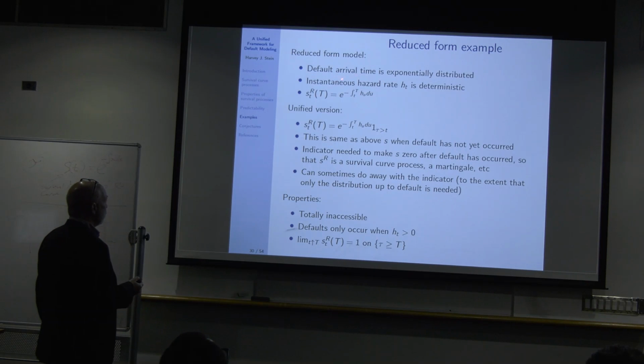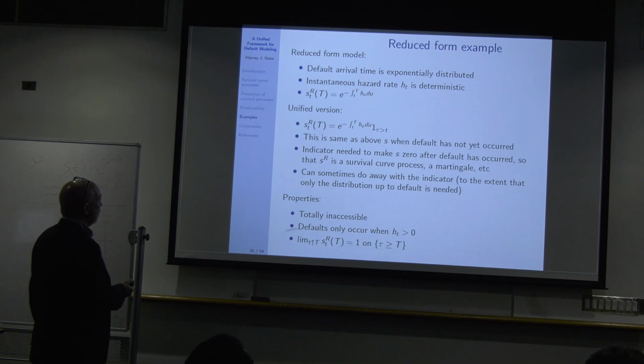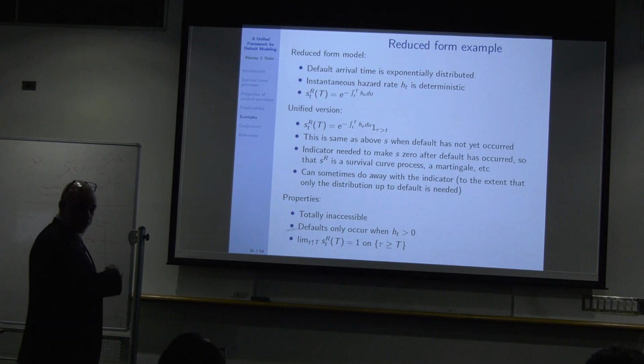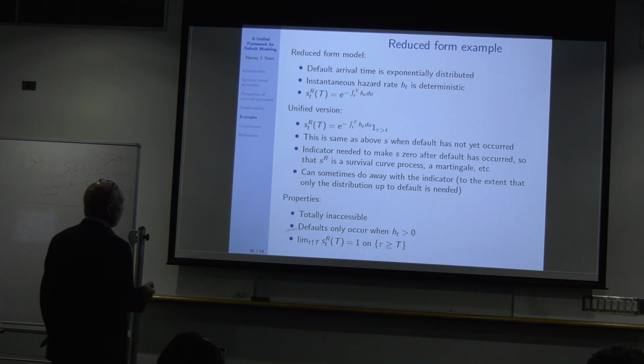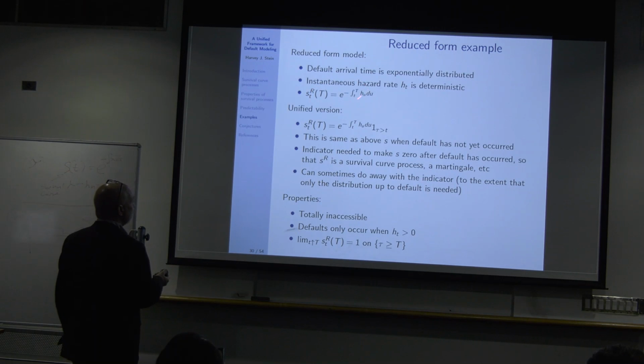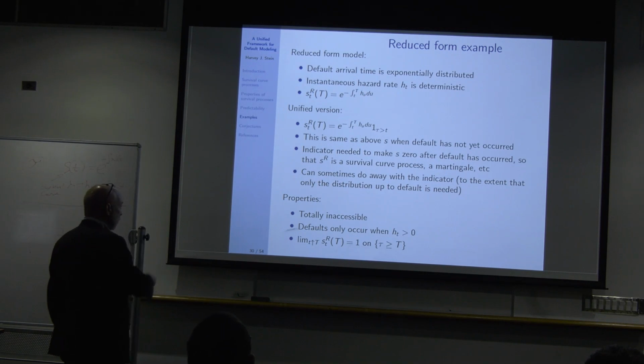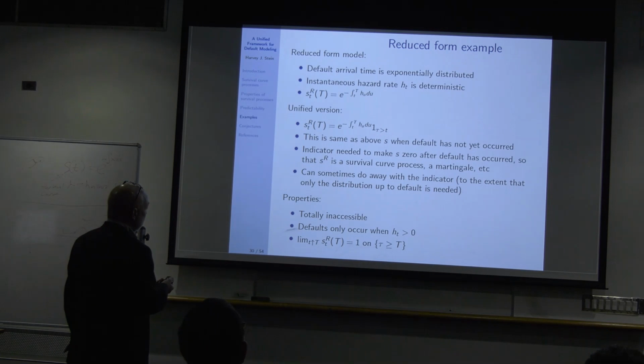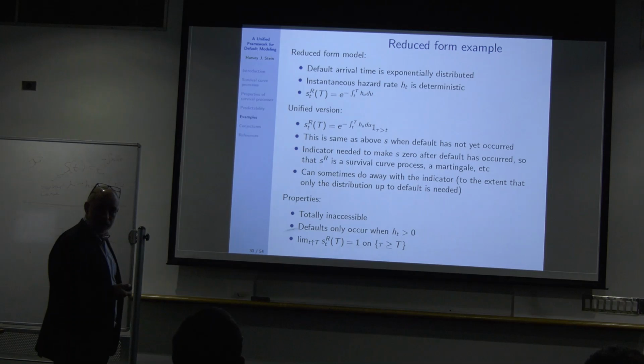As we mentioned, in a reduced form model, we have a hazard rate. Let's say it's a deterministic process. Our survival curve is equal to the exponential of minus the integral of the hazard rate, given that we have a default. This is how we would usually write it. Right? In our framework, you have to throw in the indicator because you want this to be 0 at the times where you defaulted as well.